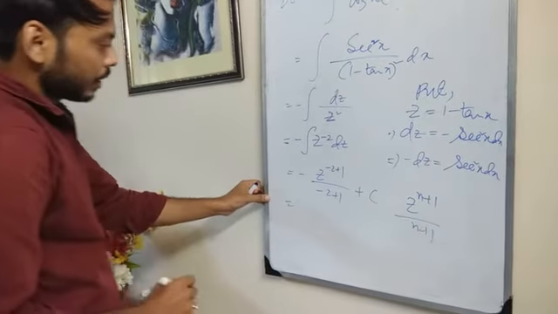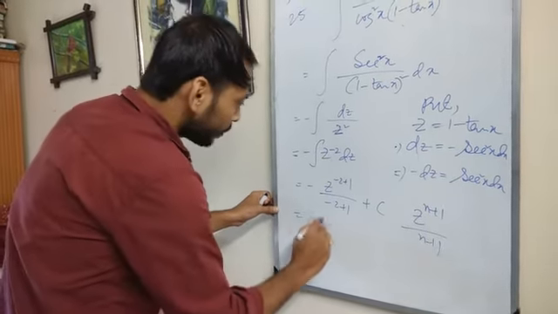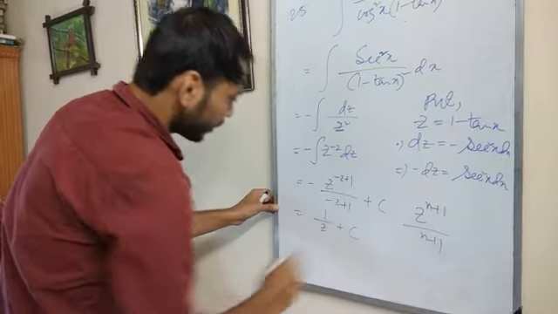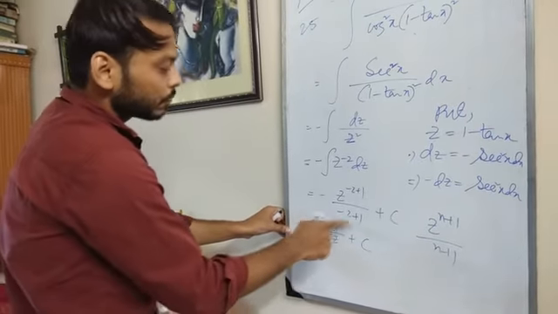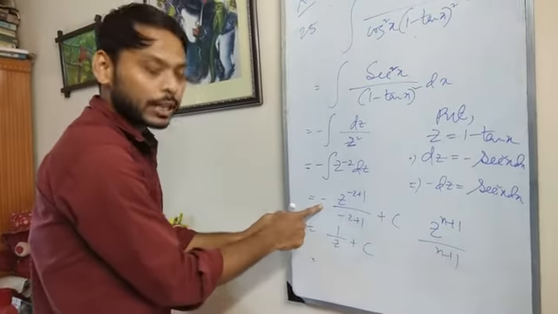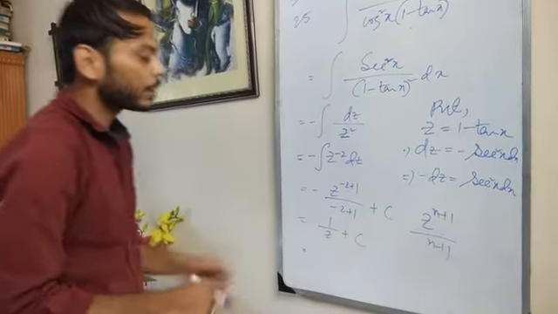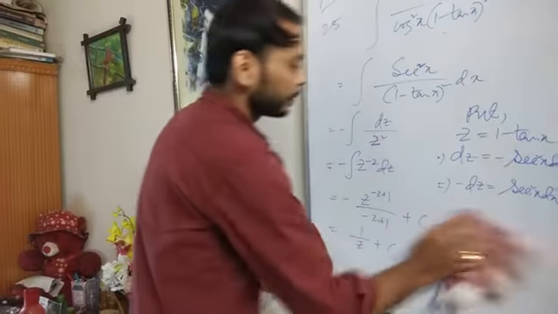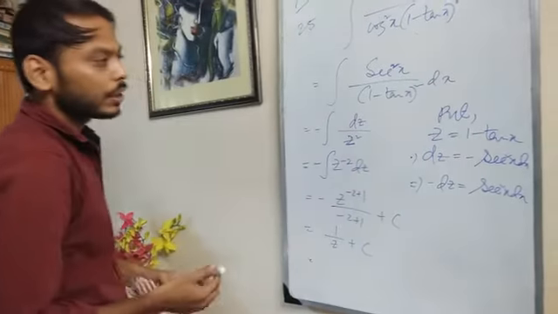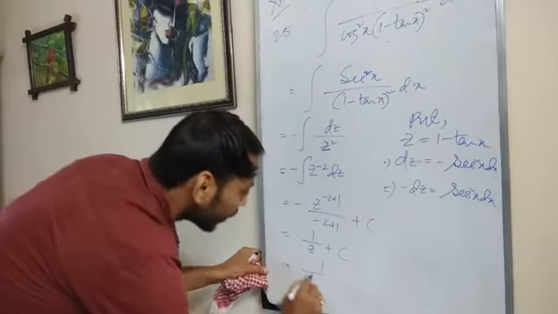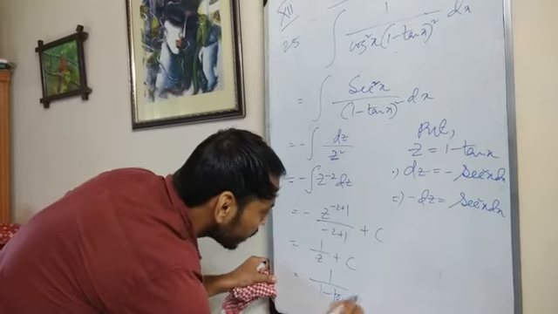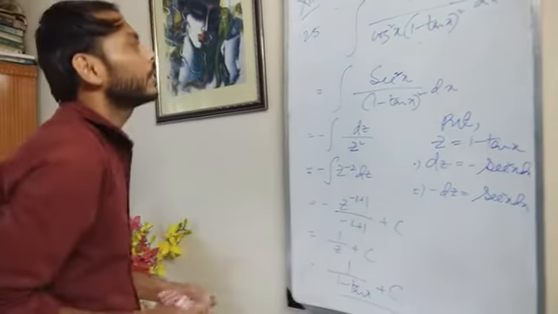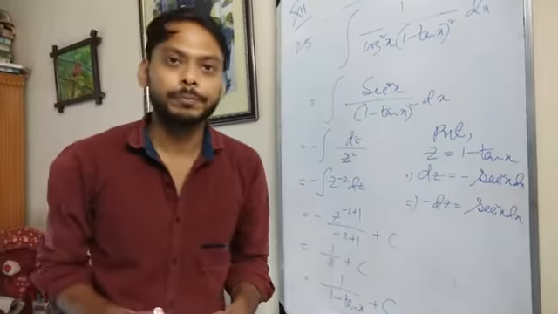That means it is 1 by z plus c. Because here minus 2 plus 1 means minus 1, minus minus plus, and then z to the power minus 1 means 1 by z. Now just put the value of z here. The value of z is 1 minus tan x. So 1 by 1 minus tan x plus c. This is our question number 25.